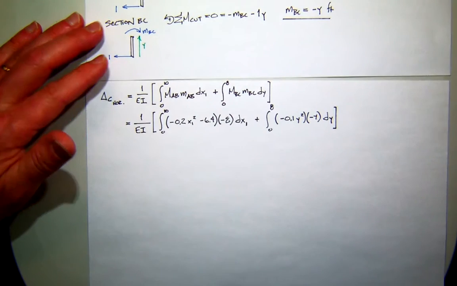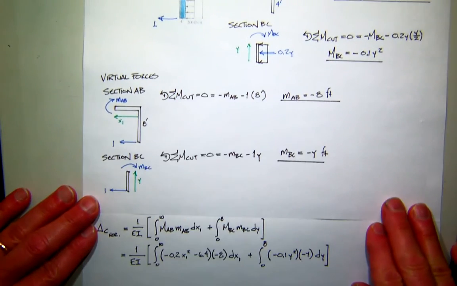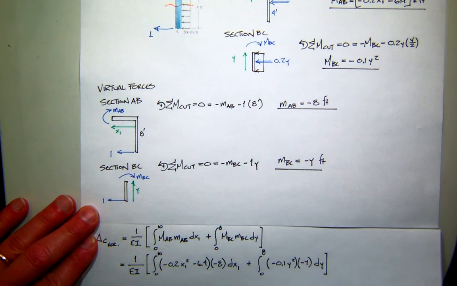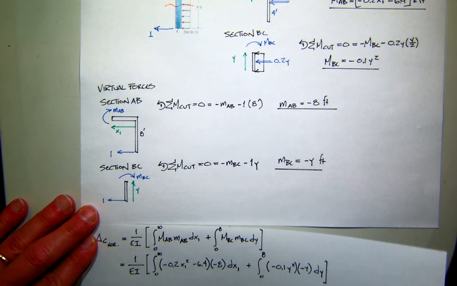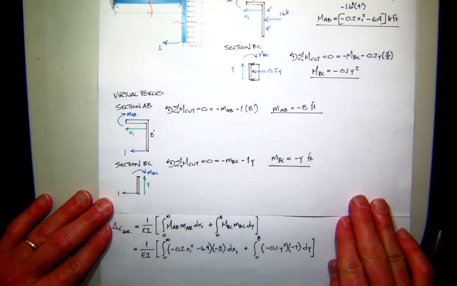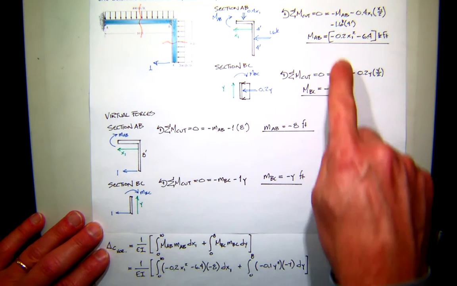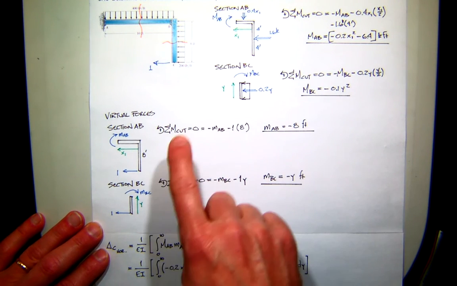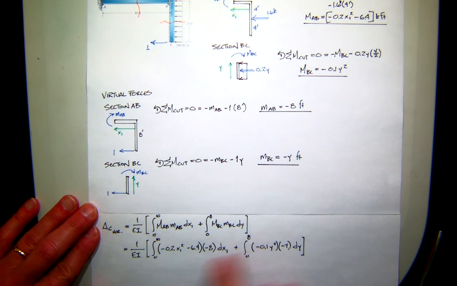Now for the exam, in many cases I'll just say this is enough, right? If you can build the real moments, the virtual moments, and construct what I'm going to call the virtual work equation to this point, that's good enough for me.